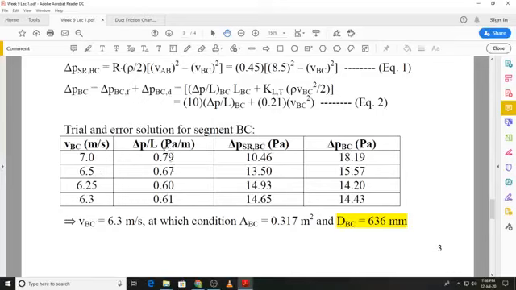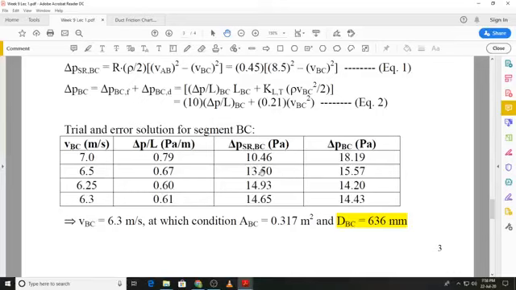You can see now, because delta P by L is also dependent on the velocity, this value will change. So both the velocity and delta P by L values have changed. As a result, we again have different values of the static regain and the pressure drop, and they are now closer.